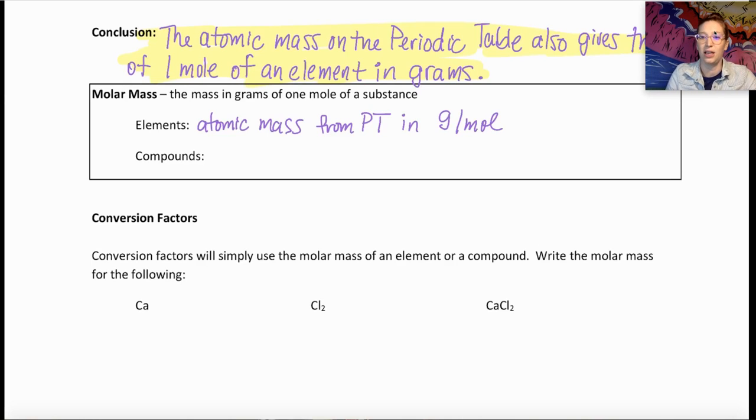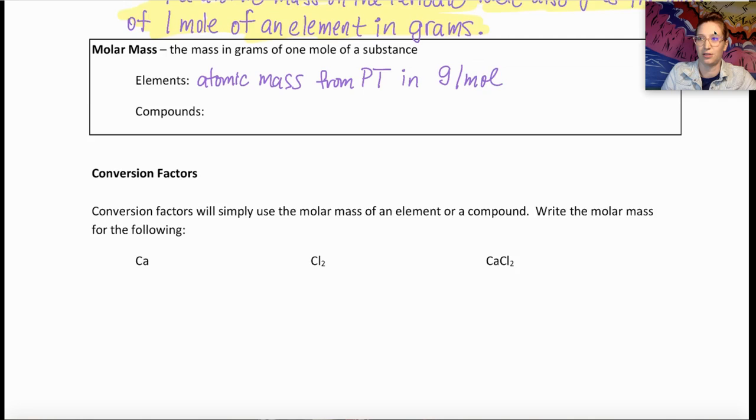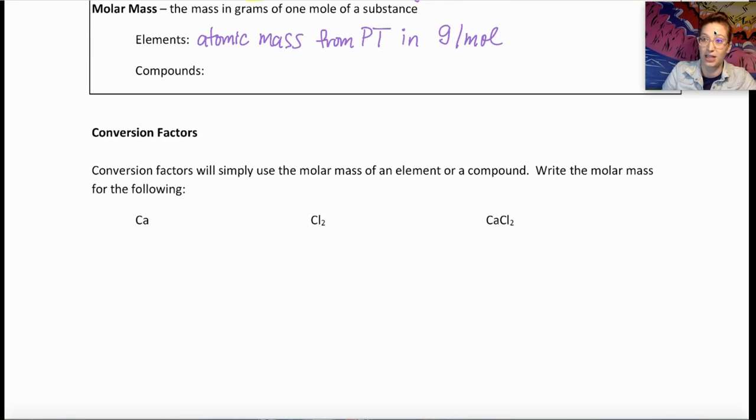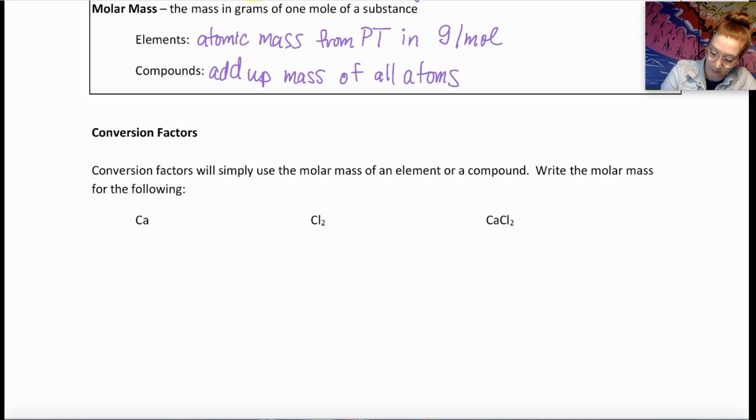In order to find the mass of compounds from the periodic table, we're just going to add up the mass of all atoms, and again, this is going to be in grams per mole. We're going to look at these molar masses, which will then serve as conversion factors, so they let us go from grams of a substance into moles or from moles into grams.